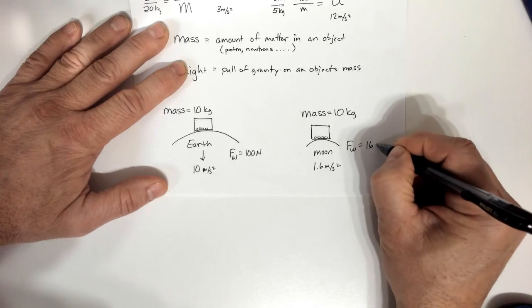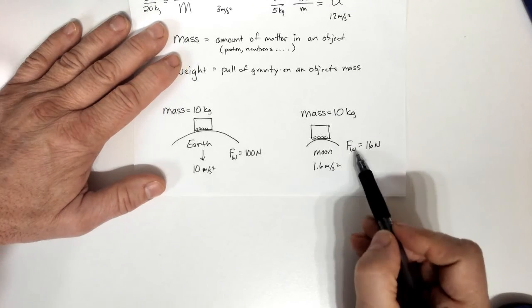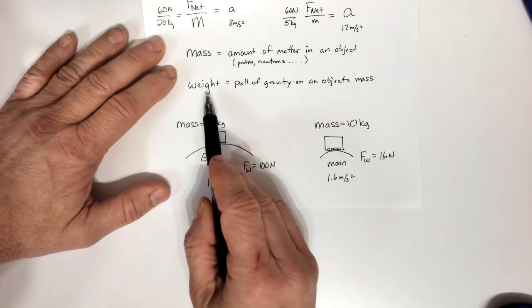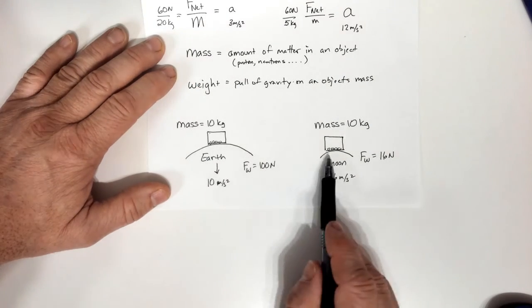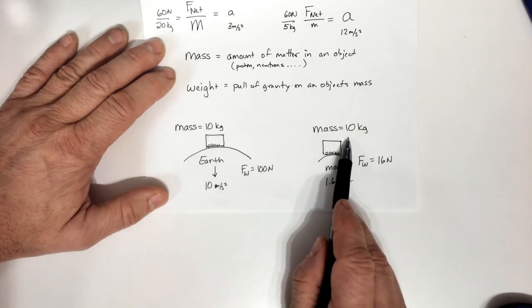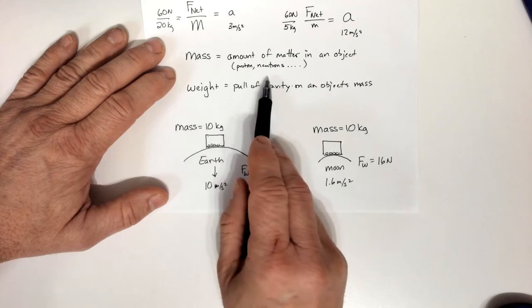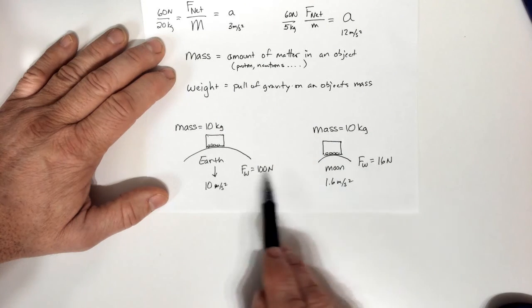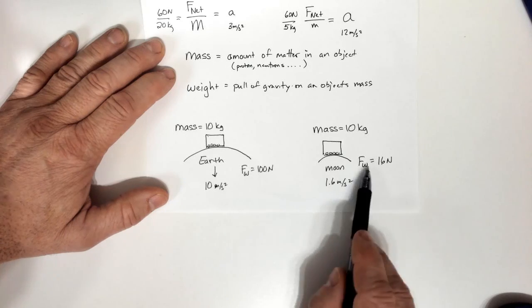It would be 16 newtons. So the weight is less because the pull of gravity is less. So weight can change if you can put it on different planets. But the mass does not change. So mass is unchanging when it's the same object. But gravity, since it does change on planets, it does have an impact on the weight.